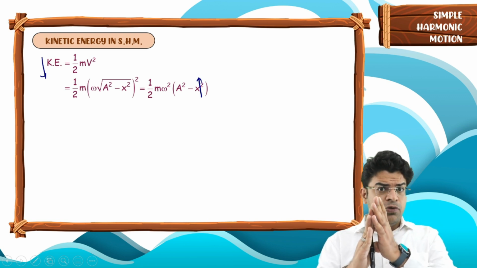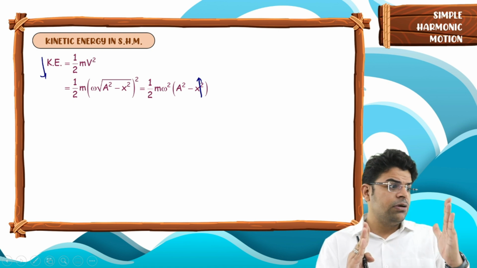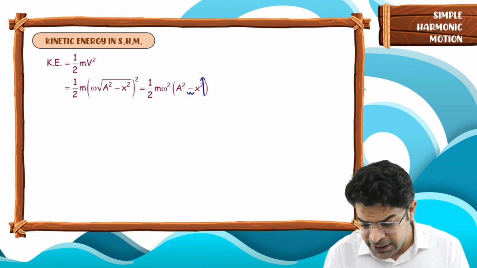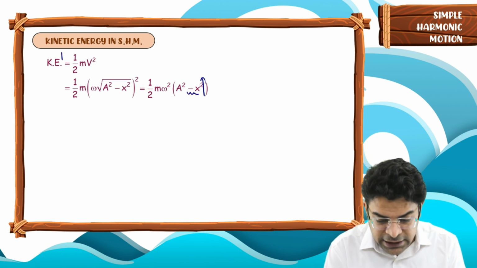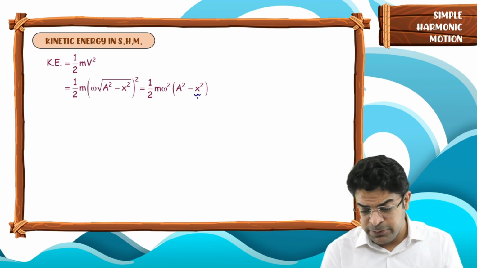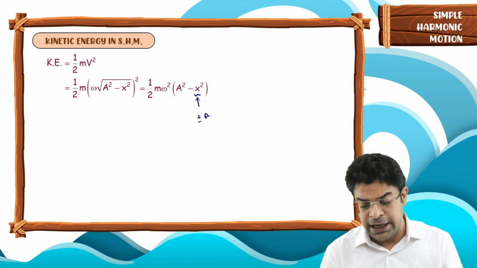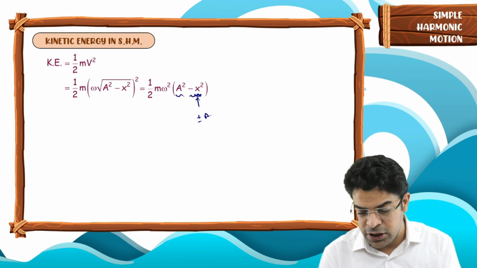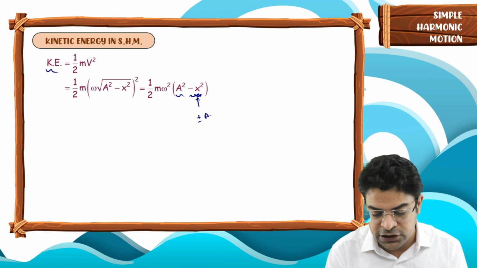As the particle moves from mean to positive extreme, the value of x keeps on increasing, so the subtracting part keeps on increasing, so the kinetic energy keeps on decreasing. At extremes, where x becomes equal to plus or minus a, here you get plus minus a whole square, that becomes a square, and a square minus a square becomes 0, so the kinetic energy becomes 0.